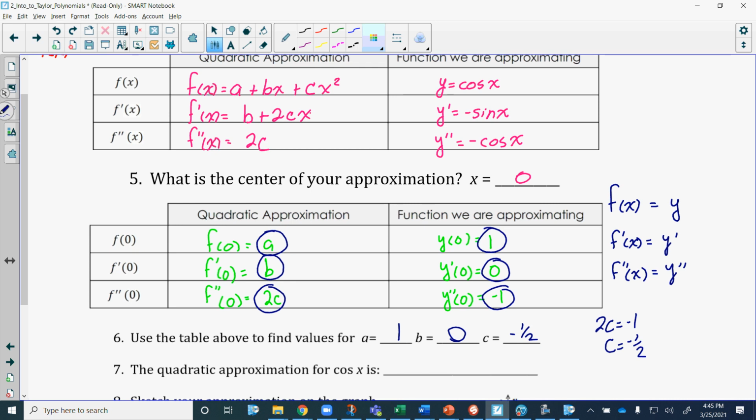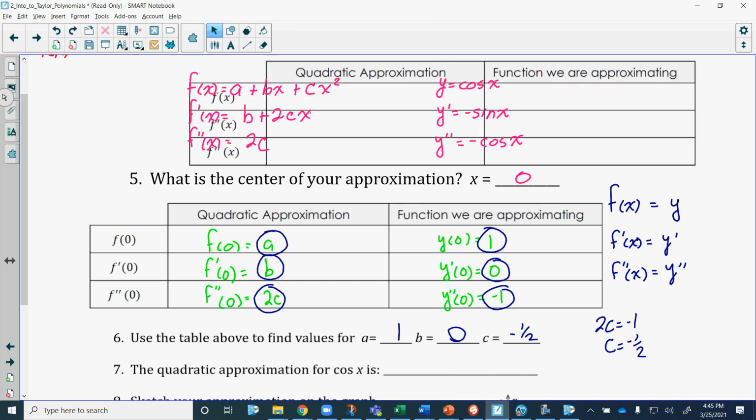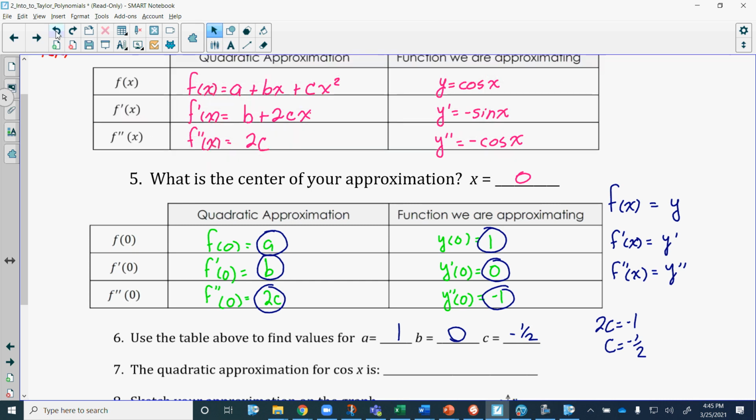Okay? So the quadratic approximation for cosine, remember, f of x is the same thing as y.